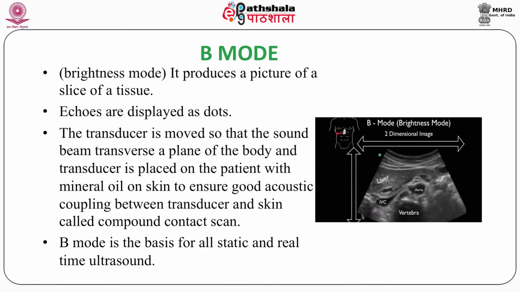In B mode scanning techniques, the transducer is placed on the patient's skin with mineral oil on the skin, to ensure good acoustic coupling between the transducer and skin. This is called contact scan. The transducer is moved across the body while it is being rotated, producing a compound contact scan known as a B scan, where, as I told you, in brightness mode the brightness of the dot represents the intensity of the returning echo.